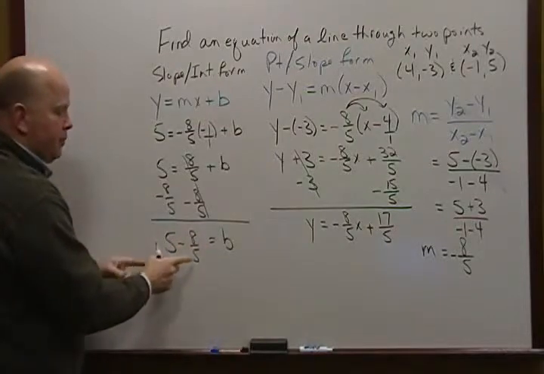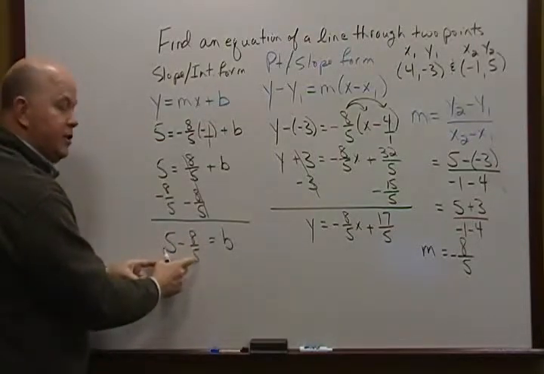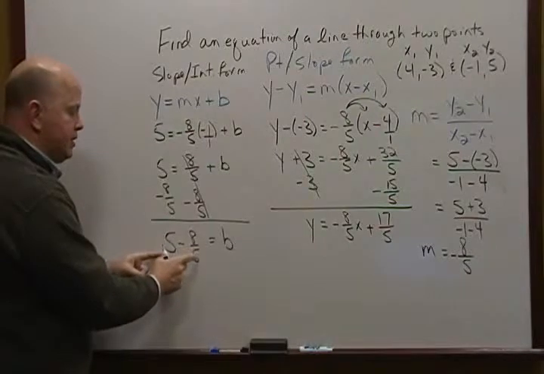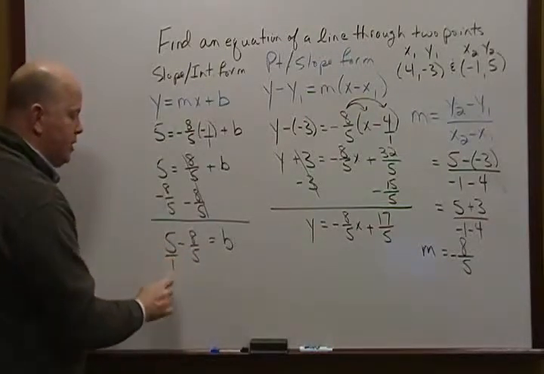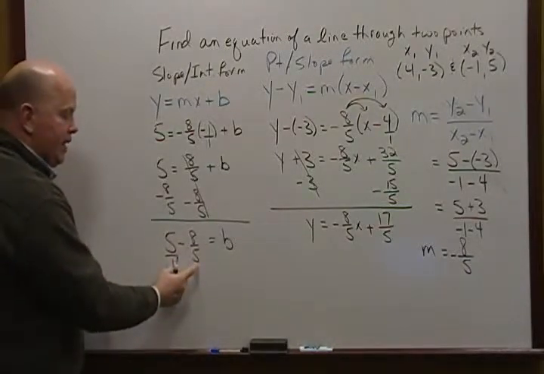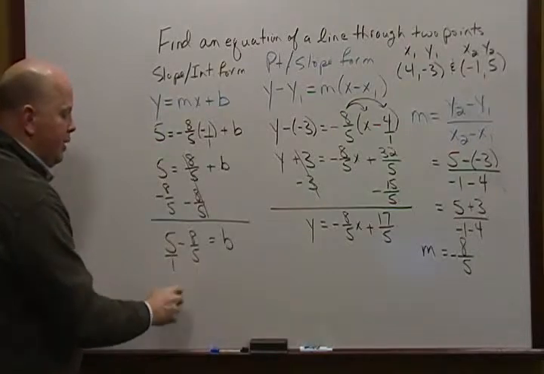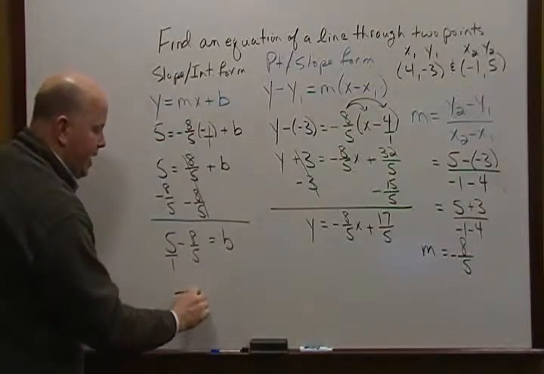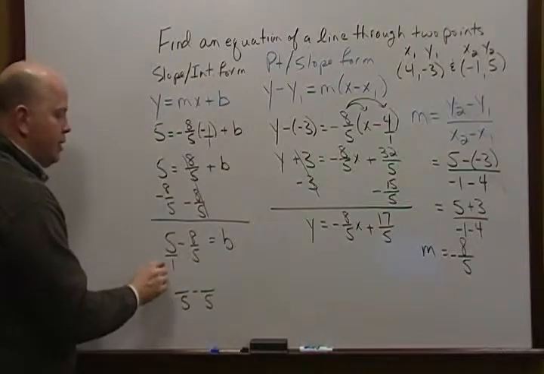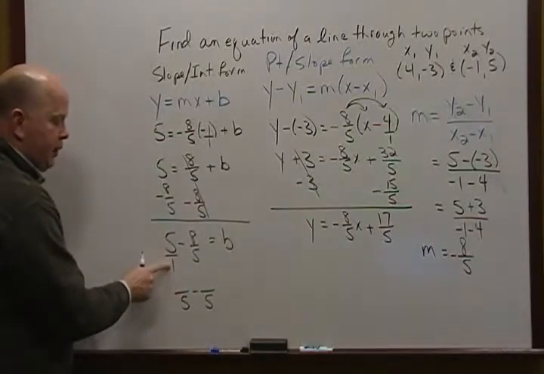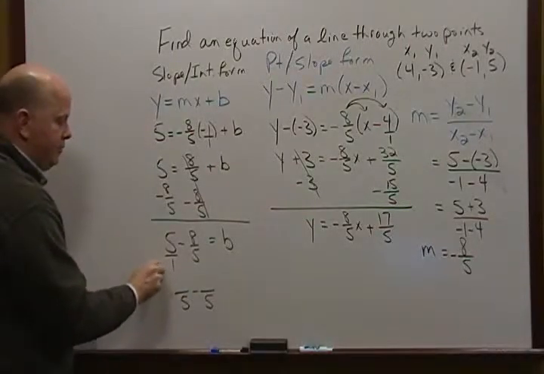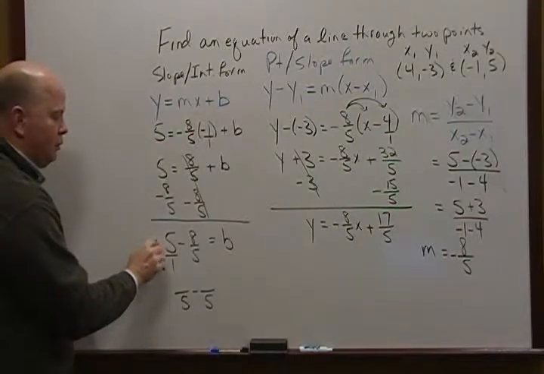And again, our next step is to subtract these two values. And when we subtract fractions, again, we need a common denominator. So our common denominator here would be 5. In order to get this 5, we needed to multiply this 1 by 5. And again, this is just a small review.